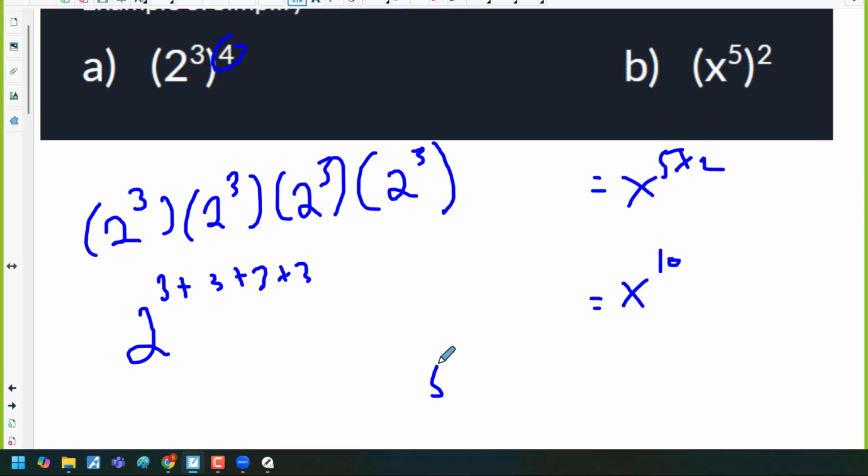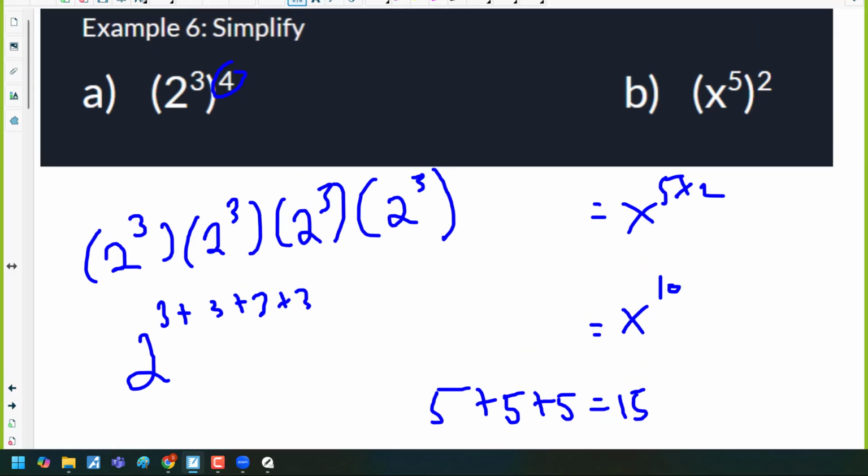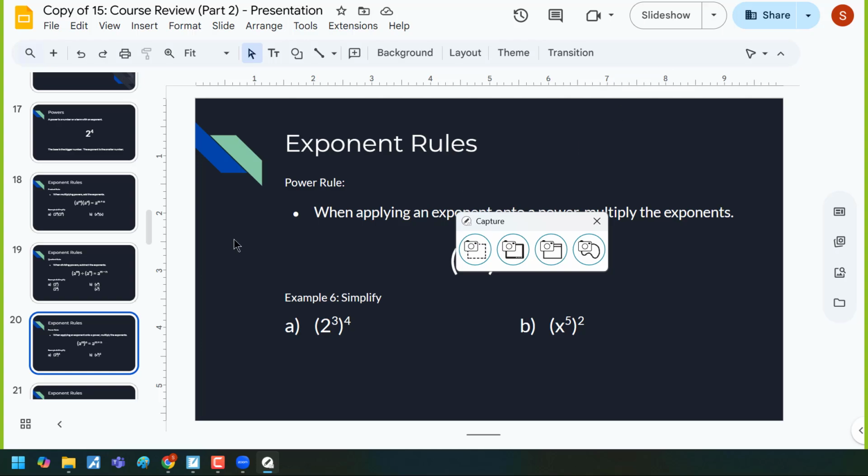For example, 5 plus 5 plus 5 is 15, which is also the same thing as 5 times 3. So you can see that multiplication and addition are related. All right, let's move on to the next example now.